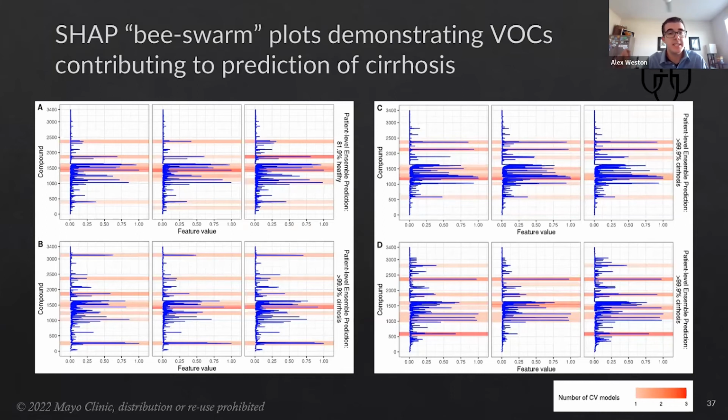That's why we did this additional SHAP analysis, and why it is so important. We really want to show that, despite the fact that there are a lot of features here that could be contributing to our signal, there are a small handful of these features that are consistently being used for prediction. And that's what I think we see here with these heat maps. It's very dispersed, right? There's a lot of features that are potentially contributing to the prediction, but there are 3 or 4 here that are seen over and over again by these models.